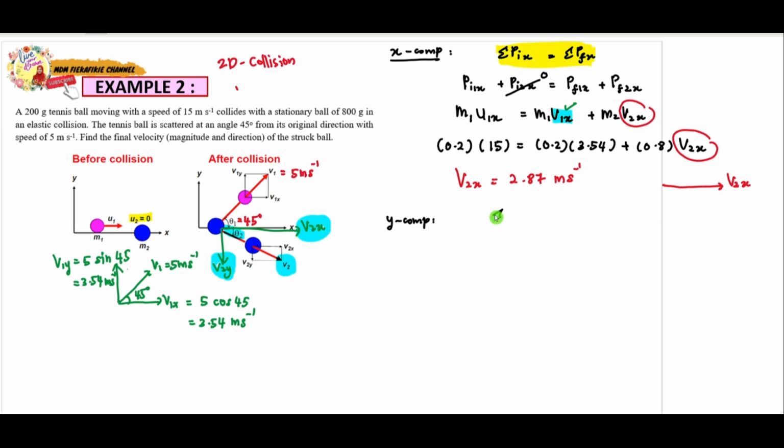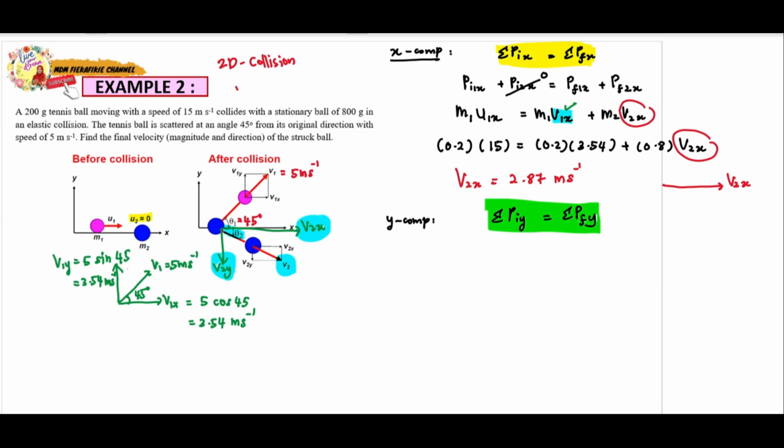Okay, so we have total momentum initial y equal to total momentum final in y component. Alright, so saya ambil kali hijau. Okay, so what happen now? Sama juga macam tadi, kita tengok in y component, kedua-dua objek initially tidak bergerak in y component, kan.